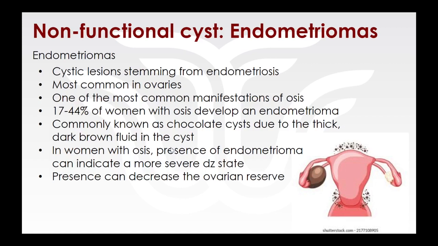Again, more on endometriosis, but in someone with endometrioma and endometriosis who is trying to get pregnant, this can obviously affect the ovary. It can decrease the ovarian reserve of follicles and oocytes, because it's making the ovary kind of dysfunctional, is a good way to think about that.